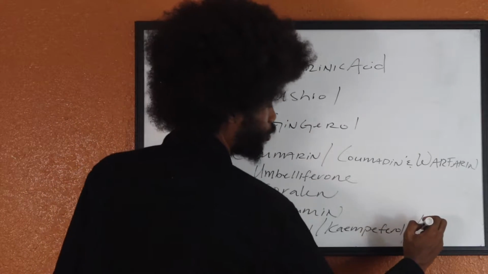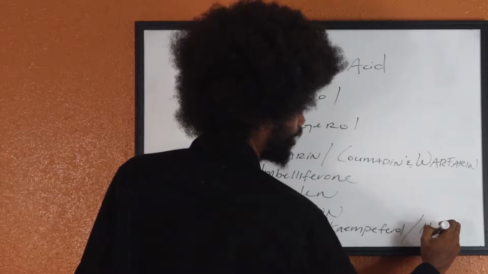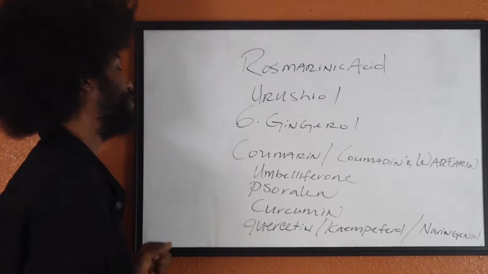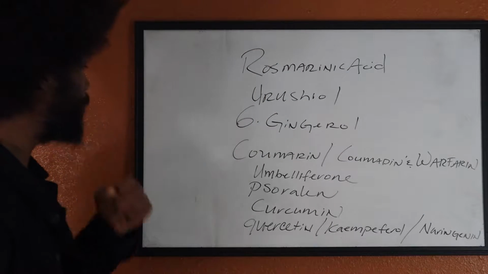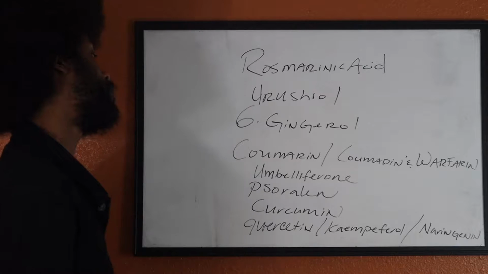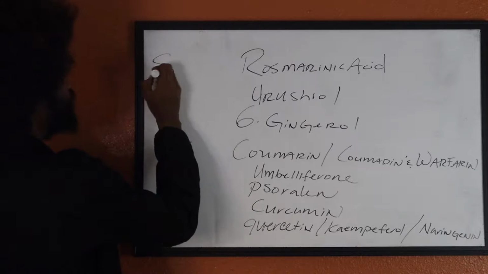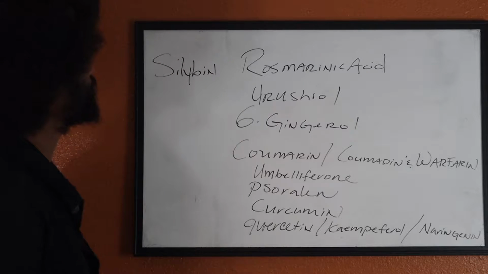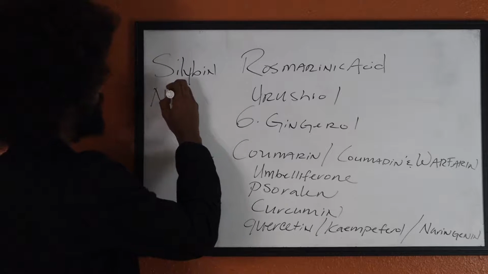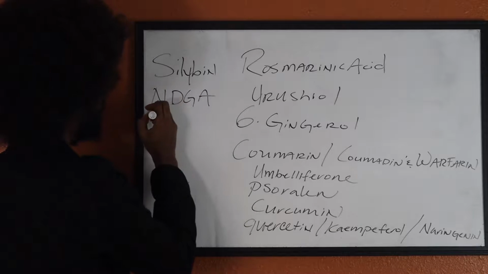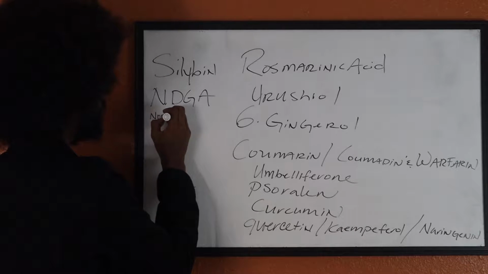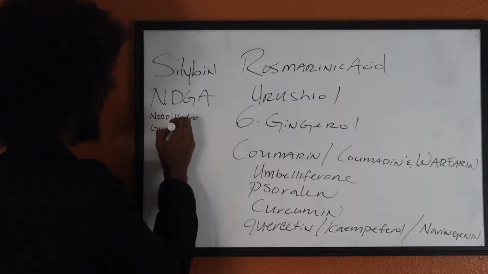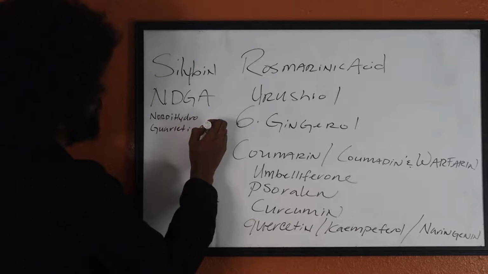All right, and then also naringenin. All right, after quercetin, kaempferol, and naringenin, we're going to get into silibinin. A little bit of silibinin, a little bit of NDGA, that's nordihydroguaiaretic acid.